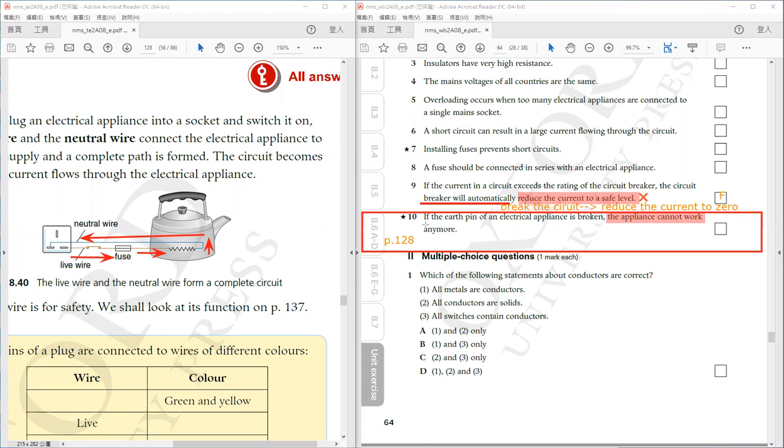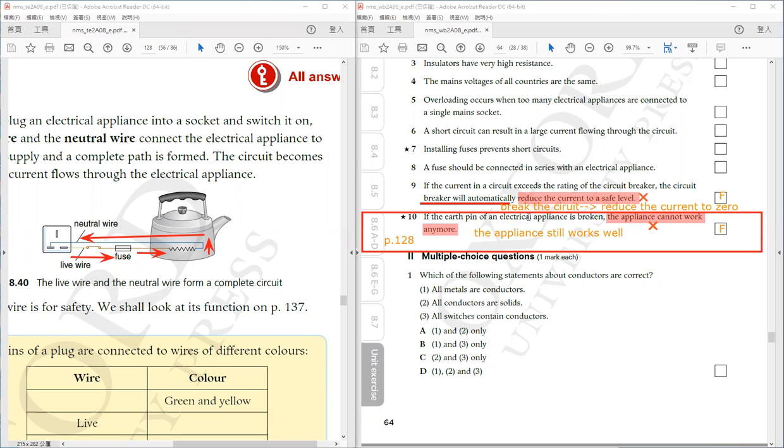The appliance still works well, even if we don't have an earth pin. Therefore, we put a cross there. Also wrong. Wrong concept. Therefore, it is false.